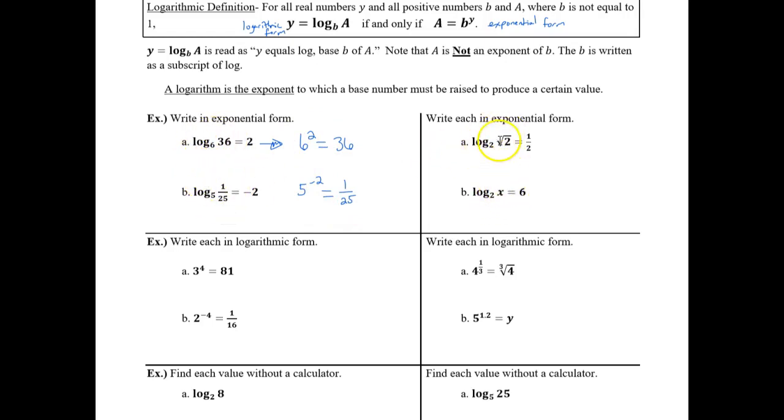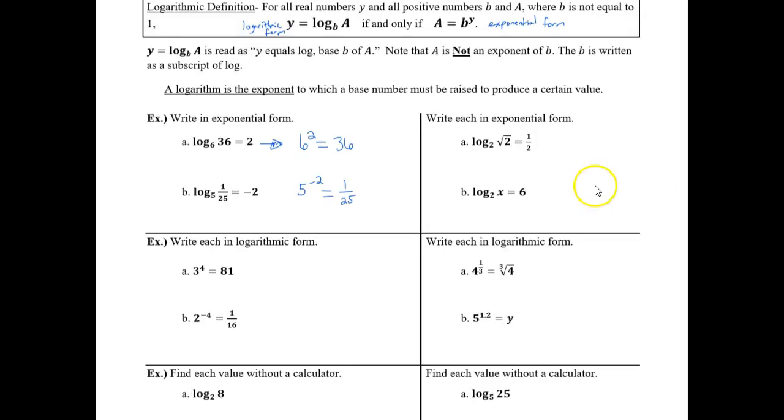Try these two examples on the right-hand side. Alright, let's see how you did. The first one, we're writing it in exponential form. What's the base? The base is 2.